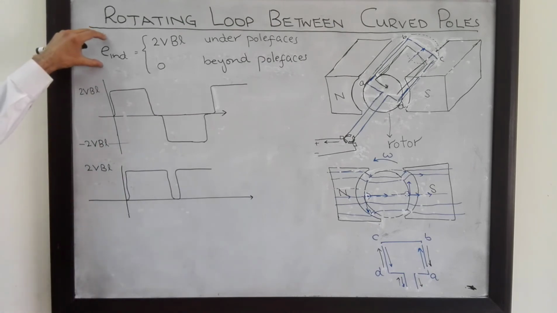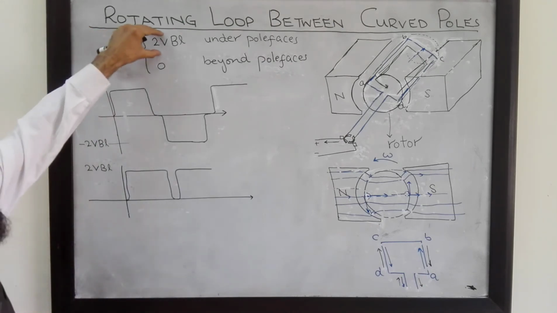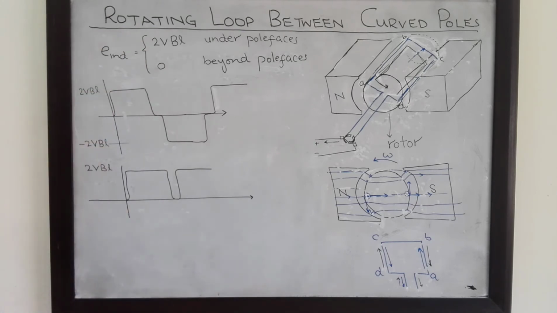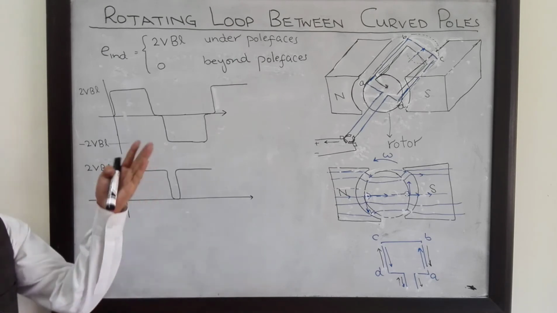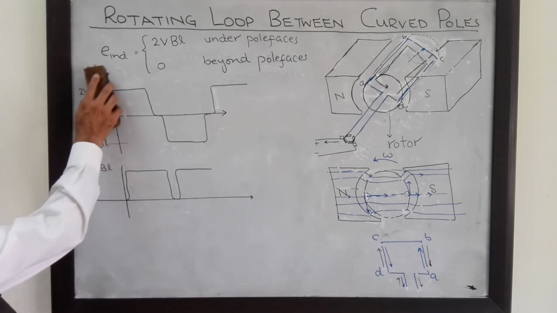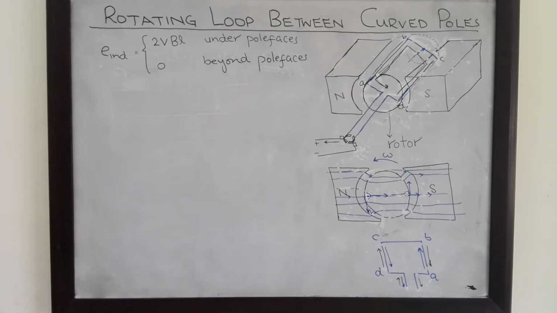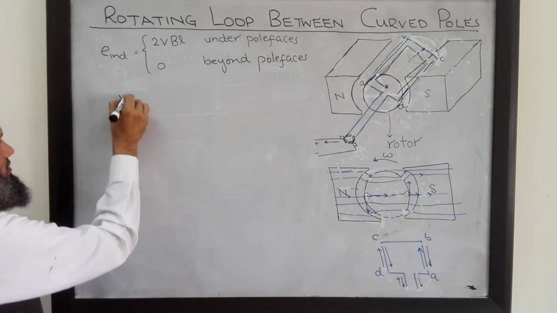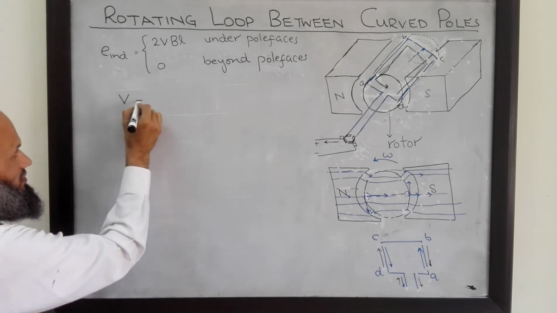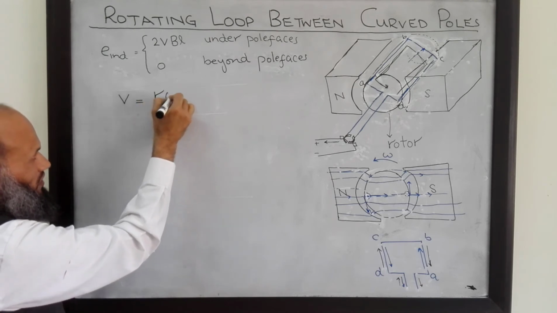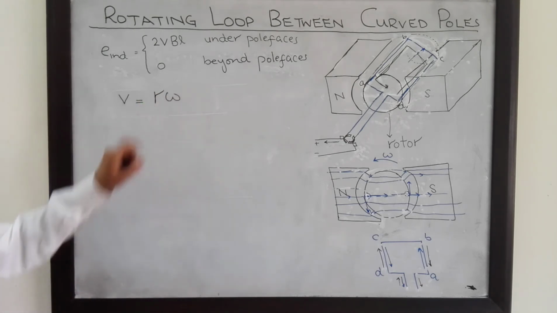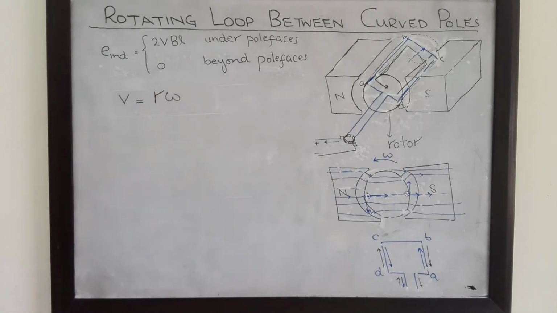So the voltage induced in this machine is given by this expression. We can rewrite it in a form which is more convenient when we shall be talking about real DC machines. So let's do that. We know that the linear velocity is related to angular velocity by this relation, V is equal to R omega.